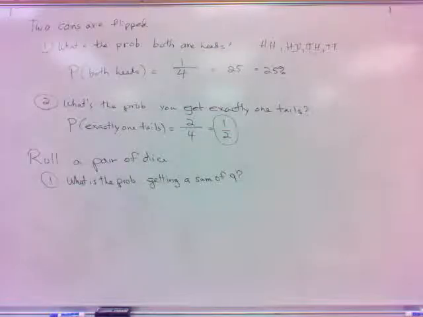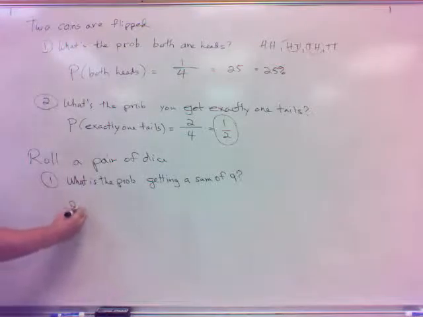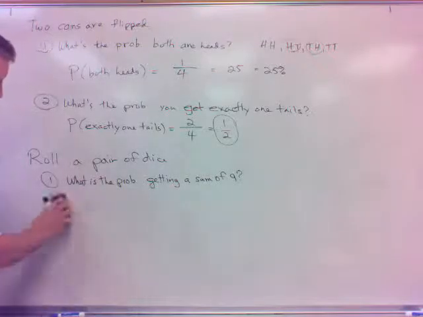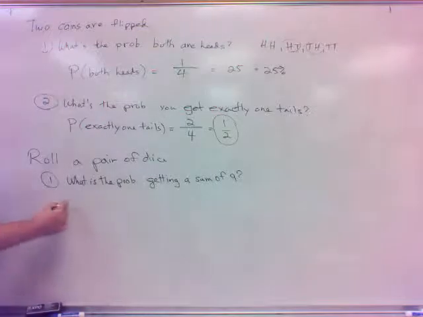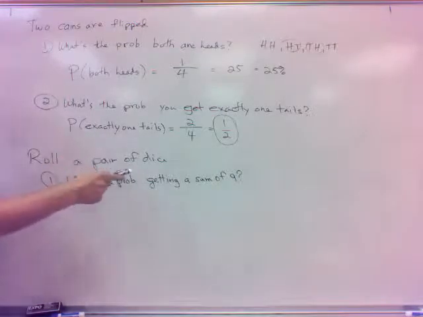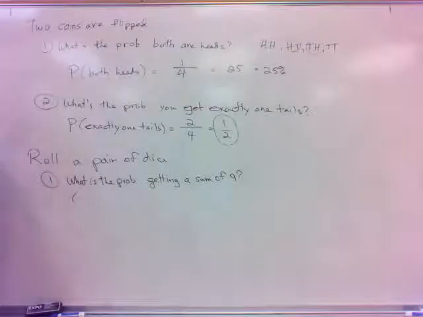Okay, well, probability of getting a sum of 9. How many ways can we get a sum of 9? The best way is to just go through here and list them. Now, on a pair of dice, we go up to how many? 6. We can only go up to 6. Each die has 1 through 6 on it.